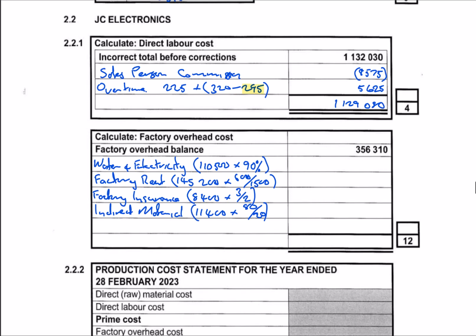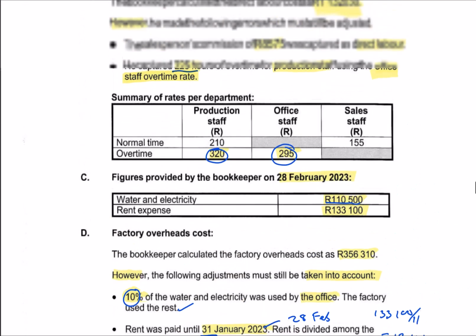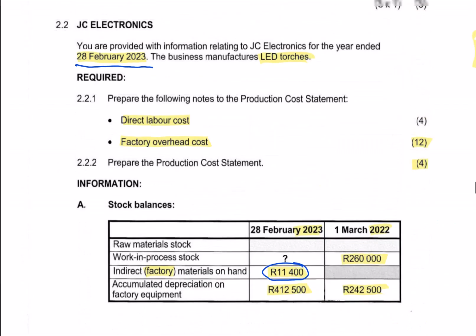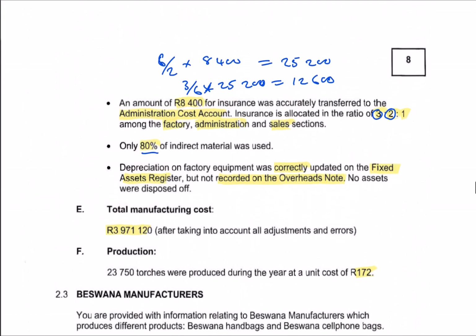The same way again, you can use a longer way. Let me just check if 11,400 is correct before I make calculations. Yeah, it's correct. So the longer way will be, you say 100%. Remember, they said 80%, so that means 20% was still on hand. So 100 minus 80, you get 20.